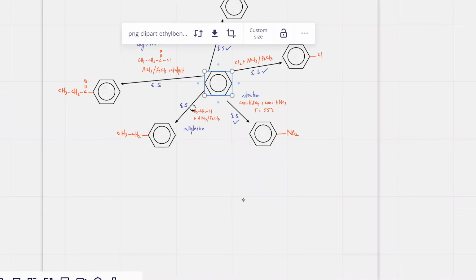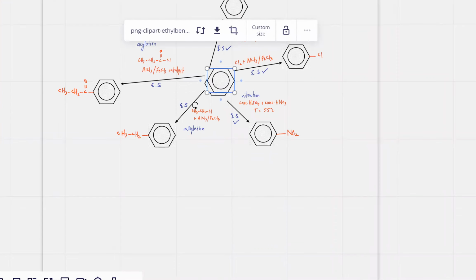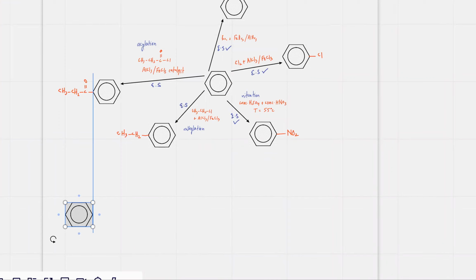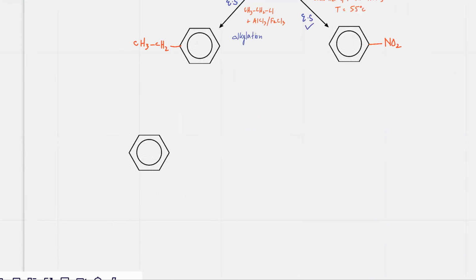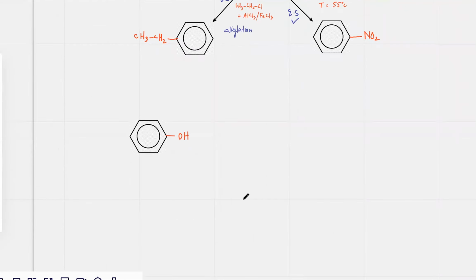So we just complete the chart. I've got a phenol, and what will happen is that there would be 3 reactions.